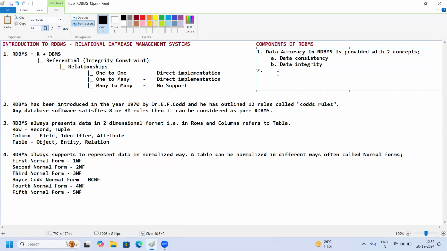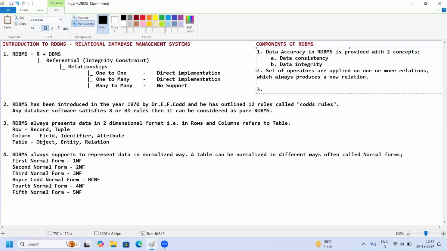Now the second part: a set of operators are applied on one or more relations, which always produces a new relation. This is the second point: operators.